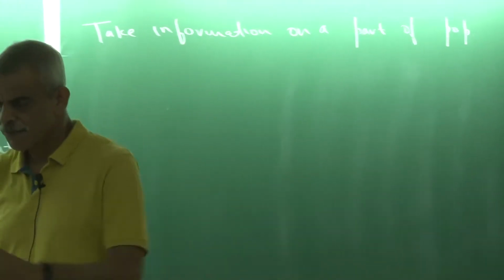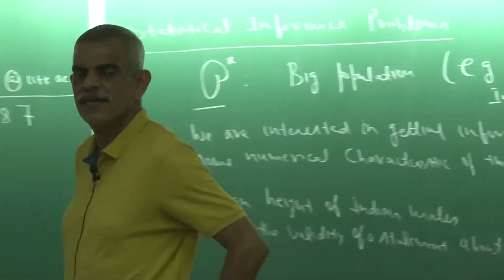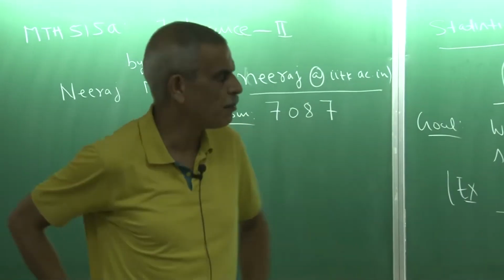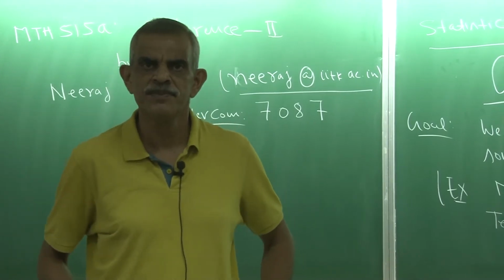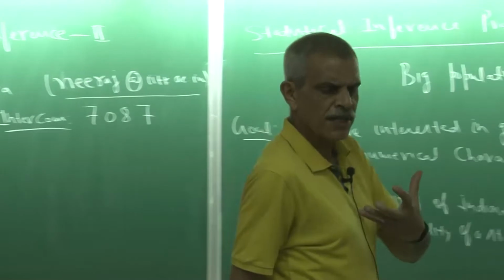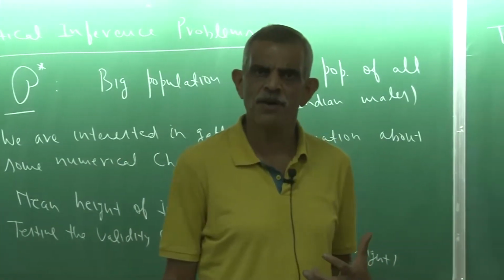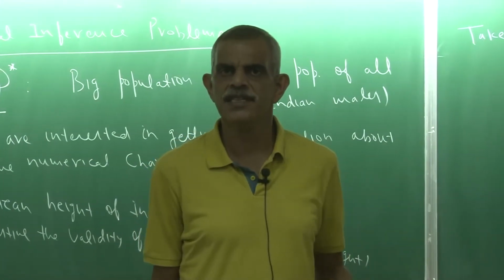Note that different individuals have different heights in the population of Indian males. So, this height is a variable. When you are randomly picking a person from this population, the height which you get is a random quantity.